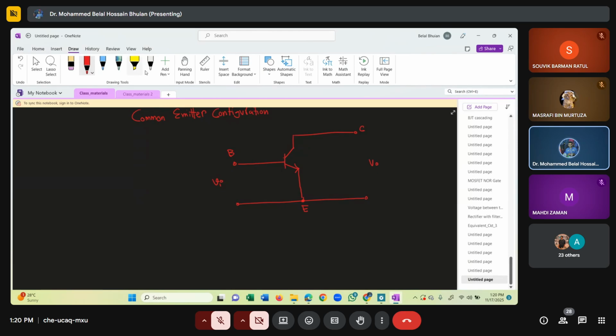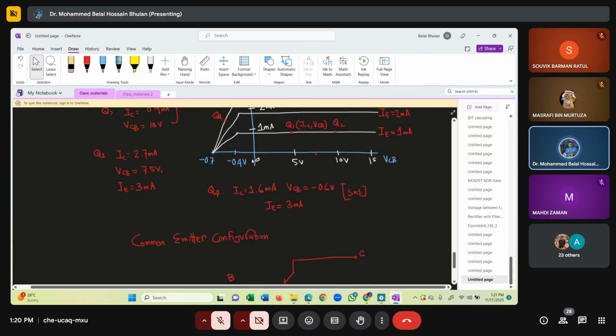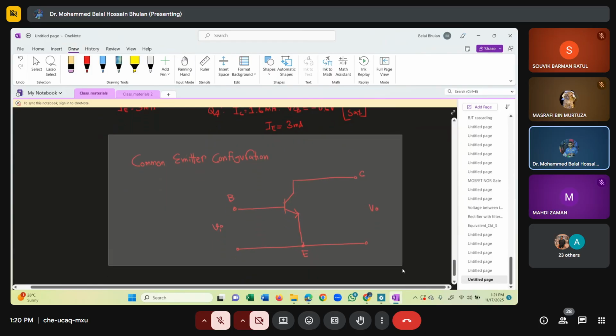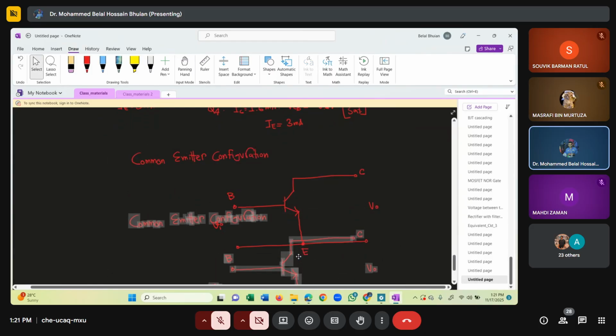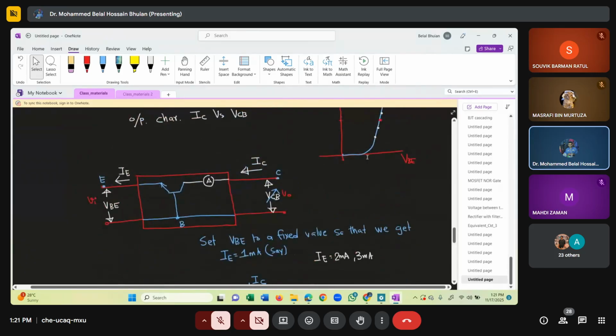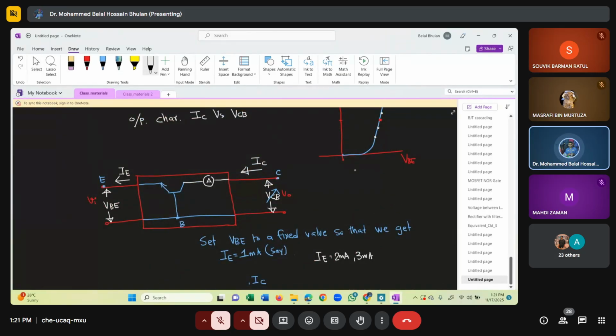Okay, one thing I forgot to mention. In common base configuration, if you notice, the output current is IC and the input current is IE.